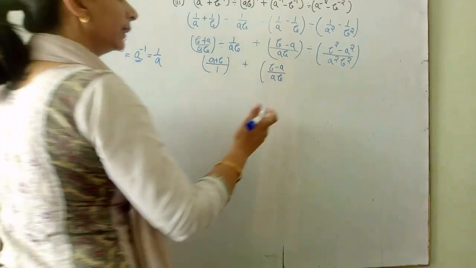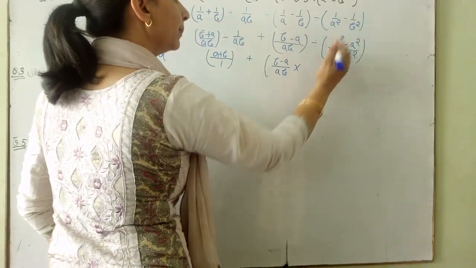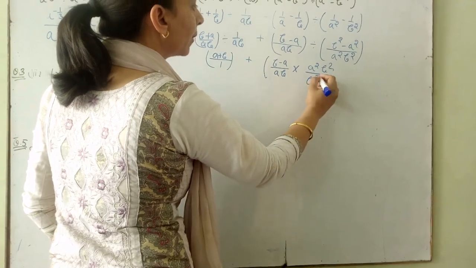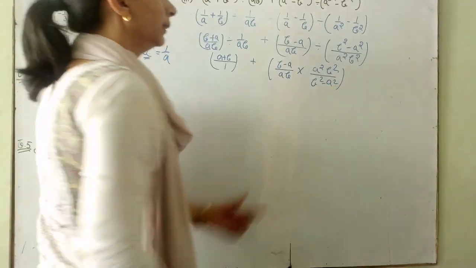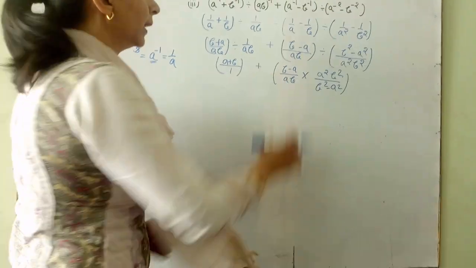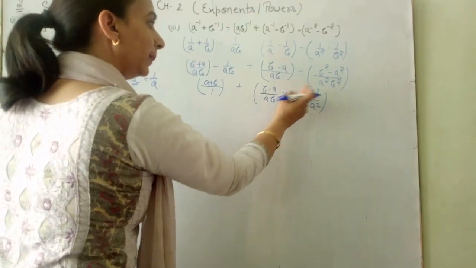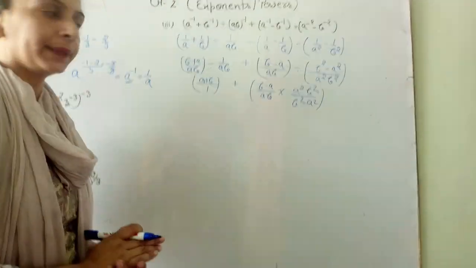Plus sign as it is, we can write this as b minus a by ab, and in place of division we can write multiplication and the reciprocal of a square b square by b square minus a square. This is by the division method. Clear? This divided by this, then this. In place of division we write multiplication and the reciprocal of it. Clear?